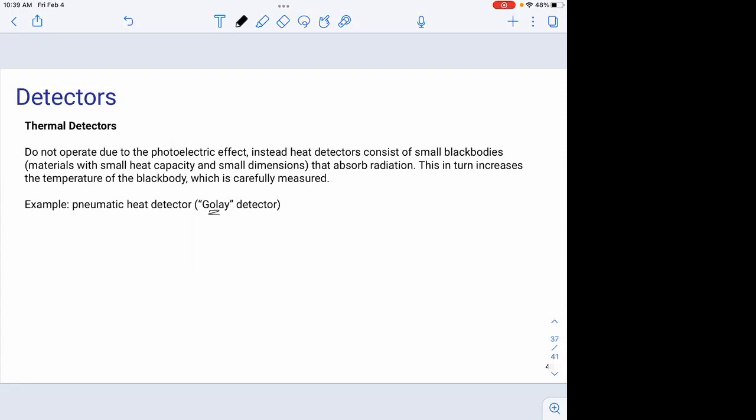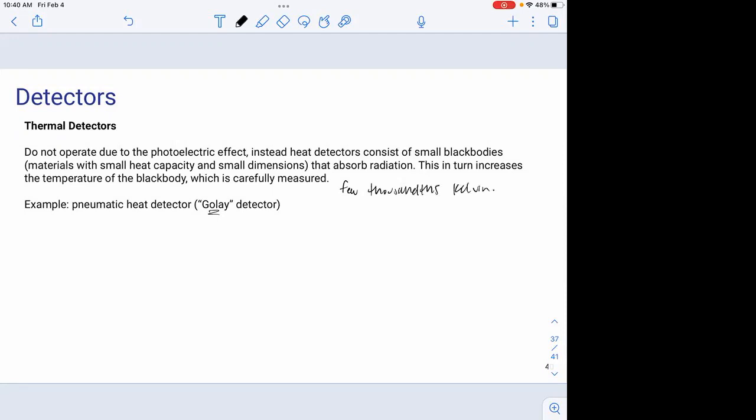And so the idea is that this material, this black body, absorbs the radiation, the effect is that you increase the temperature of that black body, and that's how we measure the incident radiation, right, by measuring a proportional change in temperature. And so when I'm talking about change in temperature, it's really small, a few thousandths of a degree Kelvin.